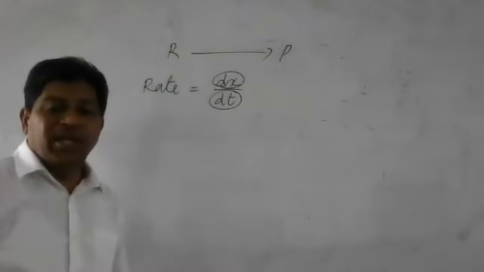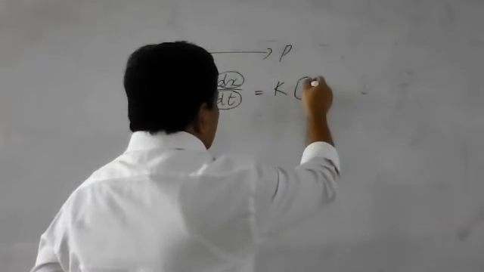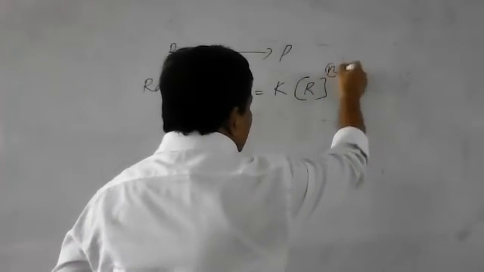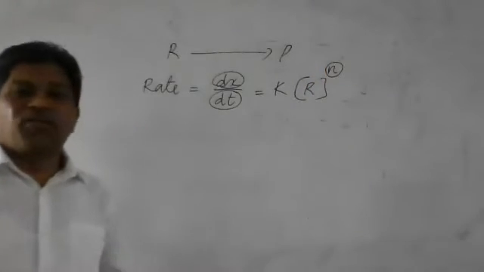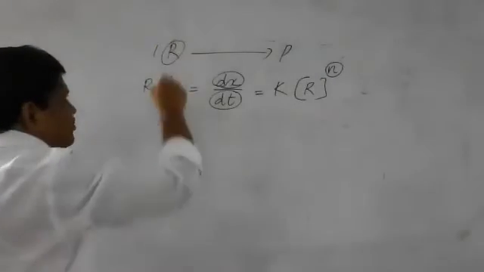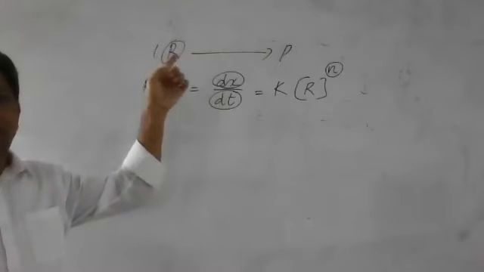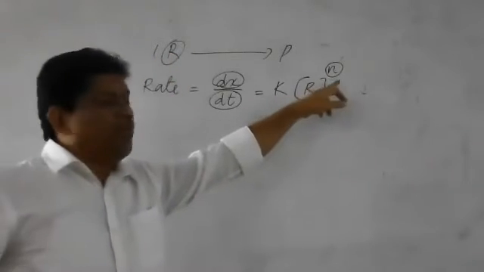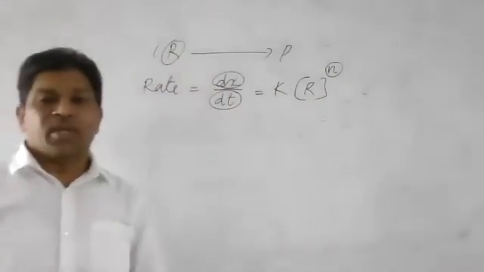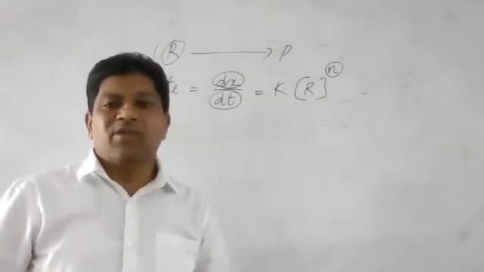Rate is equal to dx by dt, which is equal to some rate constant times the concentration of reactant to the power n. n is the order of reaction. What is the molecularity here? 1, because there is 1 molecule of reactant. But the order is the n value. This n value may or may not be equal to 1, and we cannot say it is exactly 1.